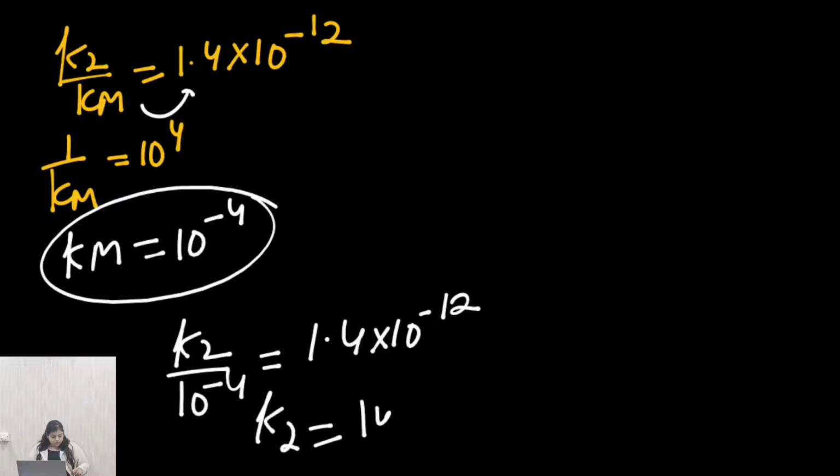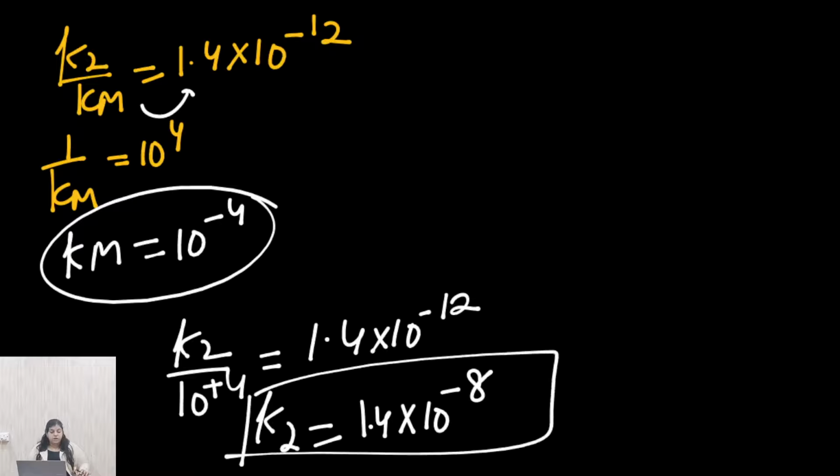So K2 becomes 1.4 into 10 raised to the power of minus 12 into 10 raised to the power of minus 4, so it becomes 10 raised to the power of minus 8. We are having it as K2 upon Km.